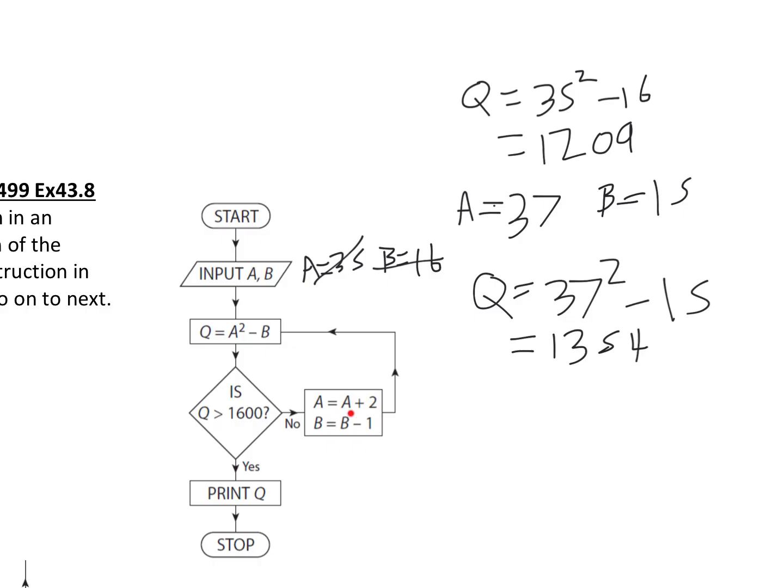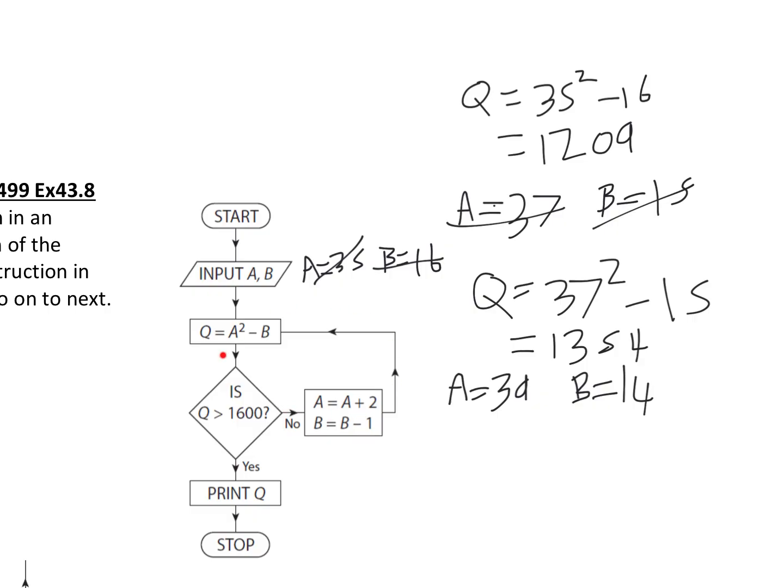No. So we have to update the A and B values. A is now the old A value, 37, so it's now going to be 39. And B is going to be 1 less, so B is going to be 14.